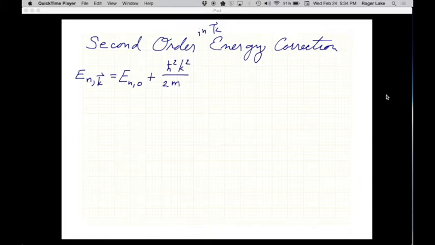And this is not m star, this is just m, the bare electron mass. Right? There's no m star. In fact, we're going to calculate m star from this in terms of various things.